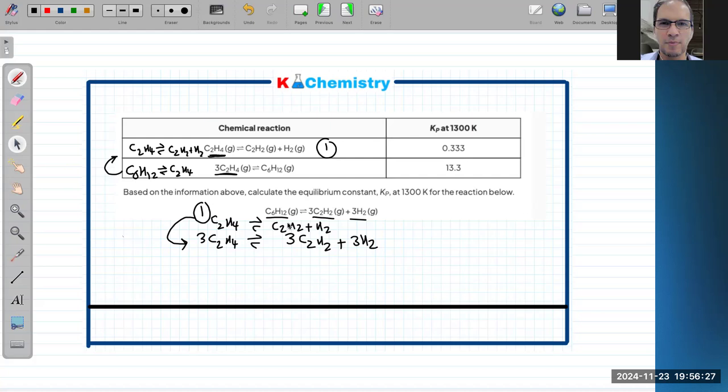So I will multiply it, I will raise it to the power of 3. So I will say it's equal to 0.333 raised to the power of 3, because the factor of multiplication is equal to 3. So let me write it down. 0.333 to the power of 3.